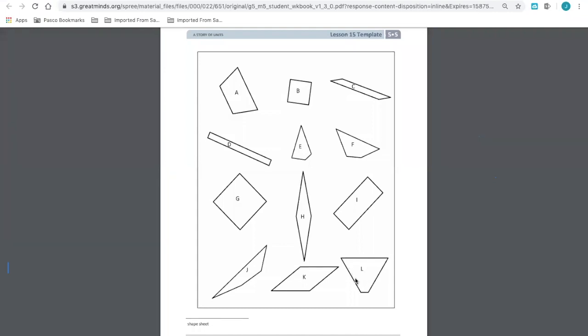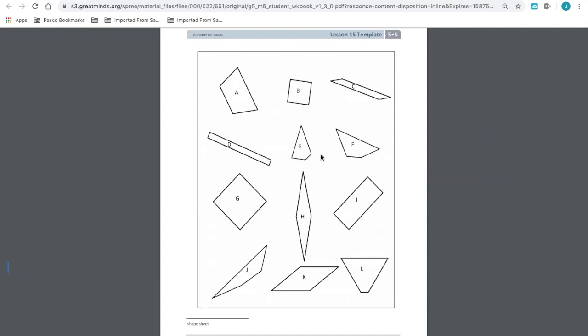But these other sides that we see on the 2 sides here, they would cross. If we continue to draw out L, it would go ahead and cross down at the bottom. So a trapezoid is any shape that has at least 1 set of parallel sides.